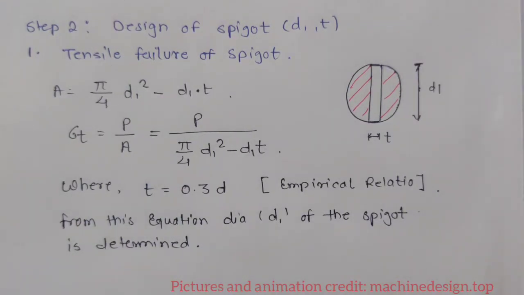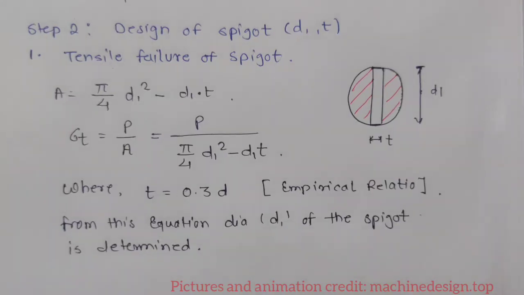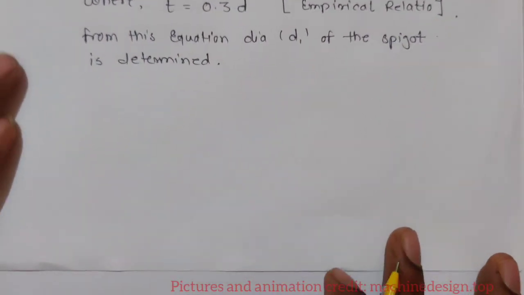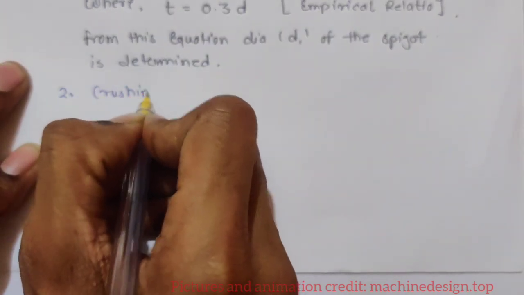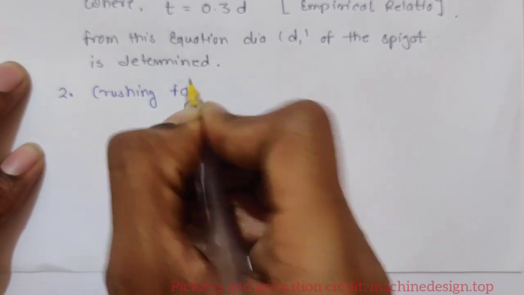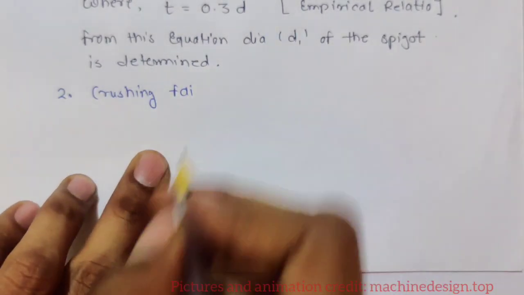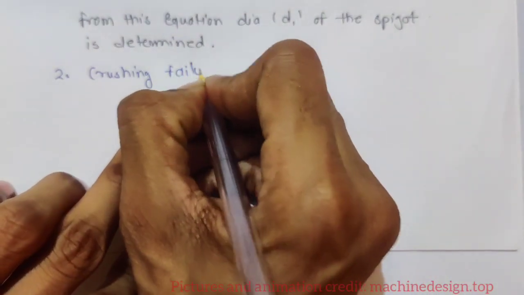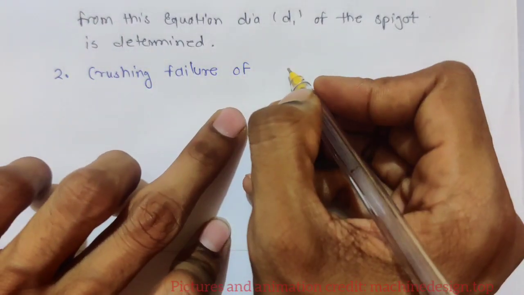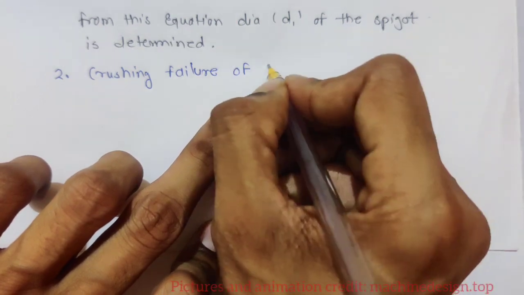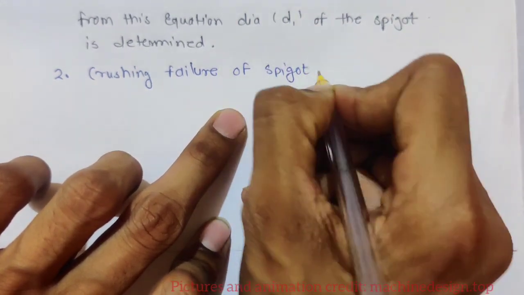Next step is crushing failure of spigot. So we'll see step 2, second point, crushing failure of spigot.